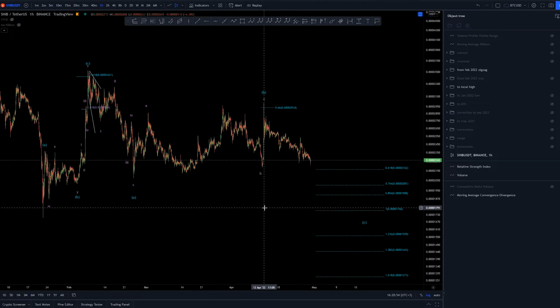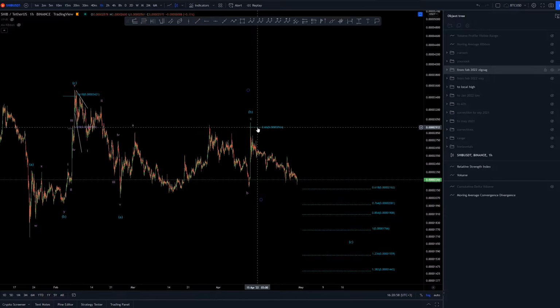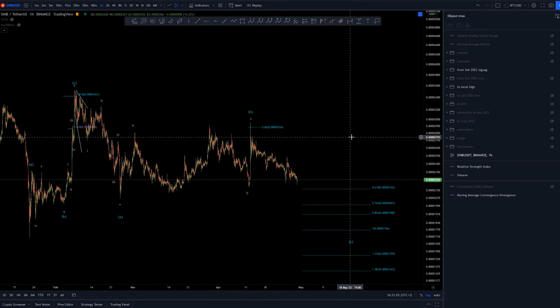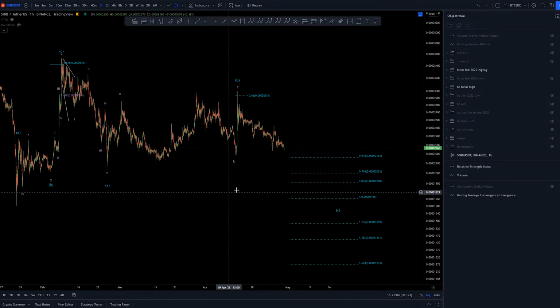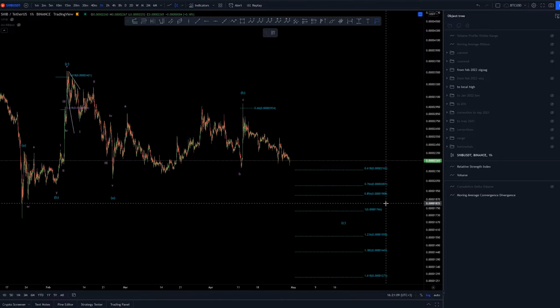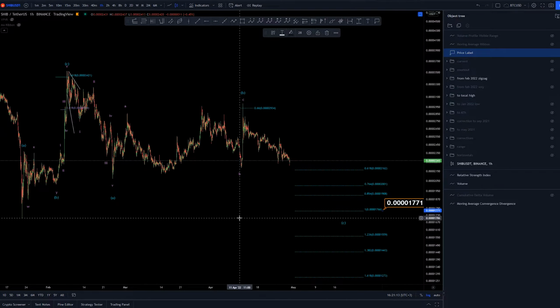it's still a possibility. Now the B wave only came down to around the 66% retracement, which is fine for a zigzag. For a zigzag, I would be expecting around these levels to be hit, around a 1-to-1 extension, around 4 zeros and 1 7.